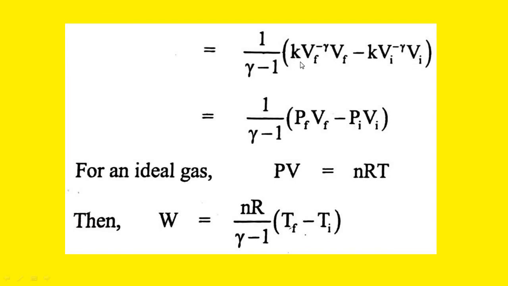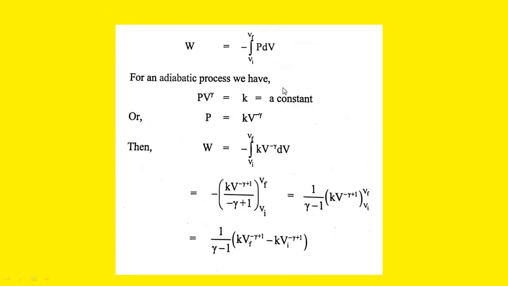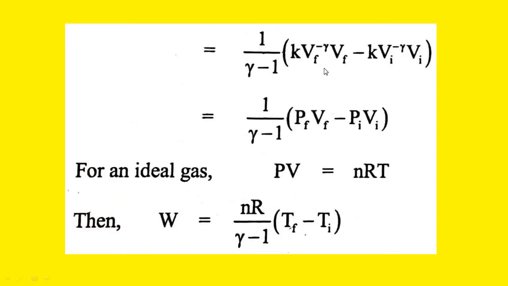Just as we have written, pressure can be written as K V raised to minus gamma. That means K Vf raised to minus gamma is the final pressure Pf. And similarly, this K Vi raised to minus gamma is the initial pressure Pi. So this is 1 by gamma minus 1 Pf Vf minus Pi Vi.